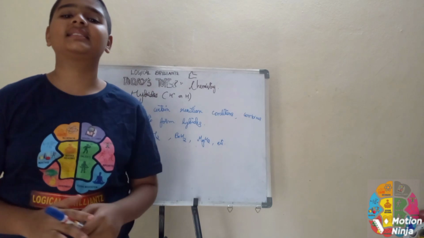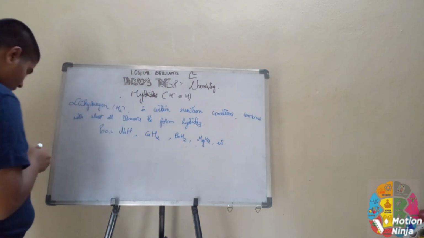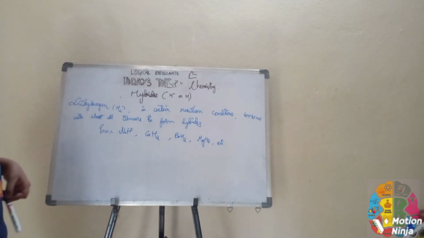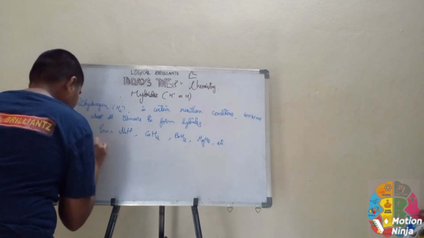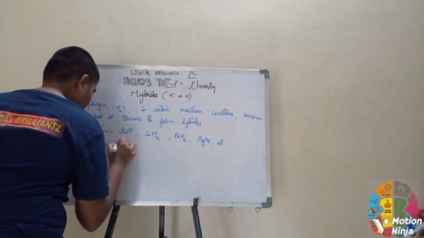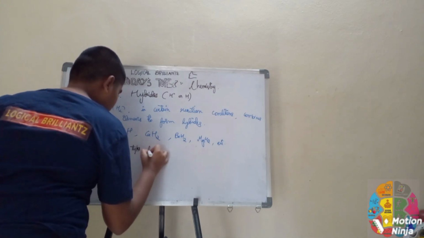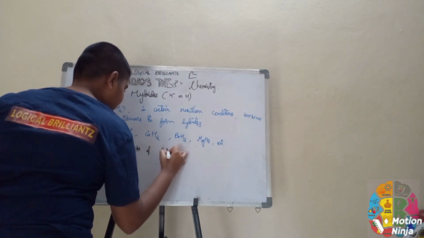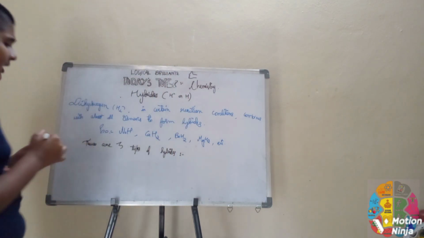And in hydrides, there are 3 types. What are they? So in hydrides, there are 3 types of hydrides. What are those 3 types?